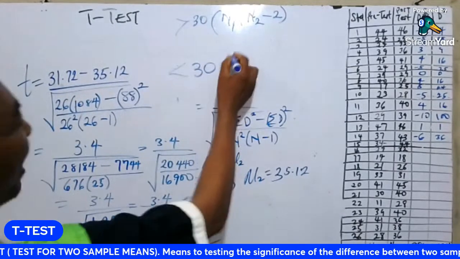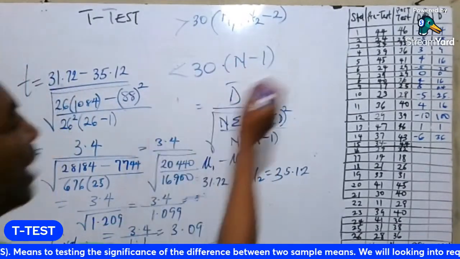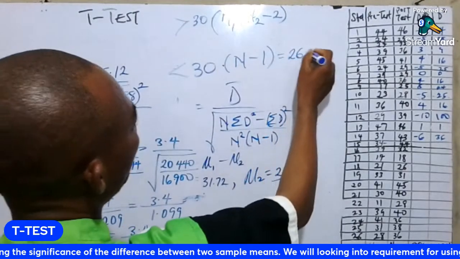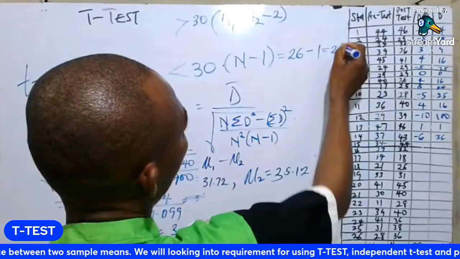But if it is lesser than 30, that will be n minus 1. You can see that this one is lesser than 30. So for this one, it's going to be 26 minus 1. So your degree of freedom is just 25.